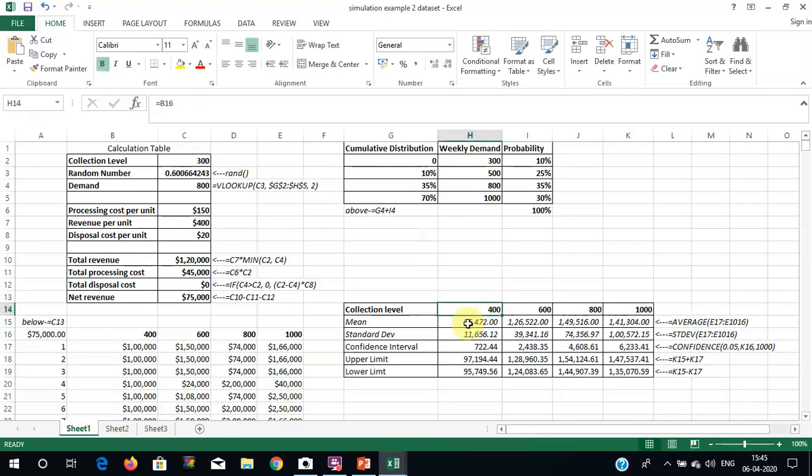In case I collect 400, and then in that case the collection level is 400, then my mean is 96.